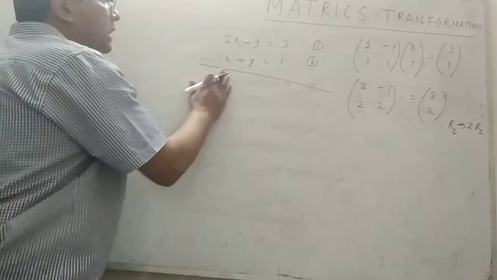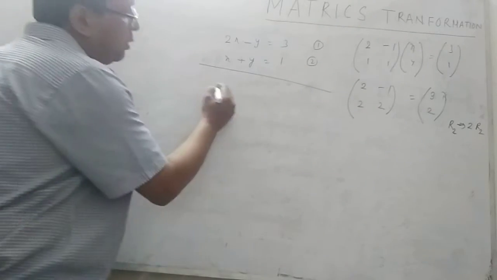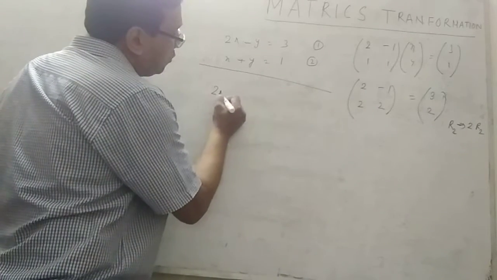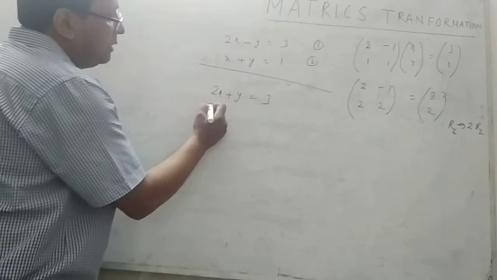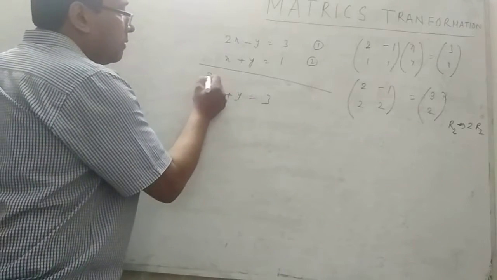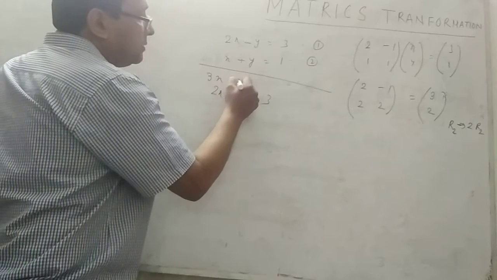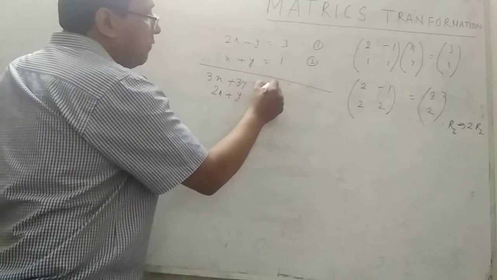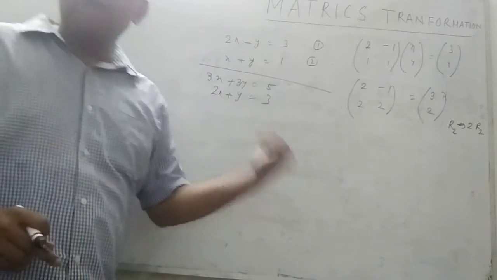Or in another way I can tell you. Suppose one equation is 2x plus y is equal to 3, another one, suppose 3x plus 3y is equal to 5. These are the two equations I have got.